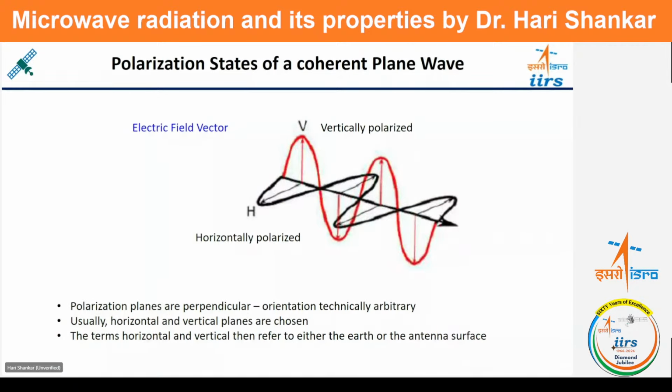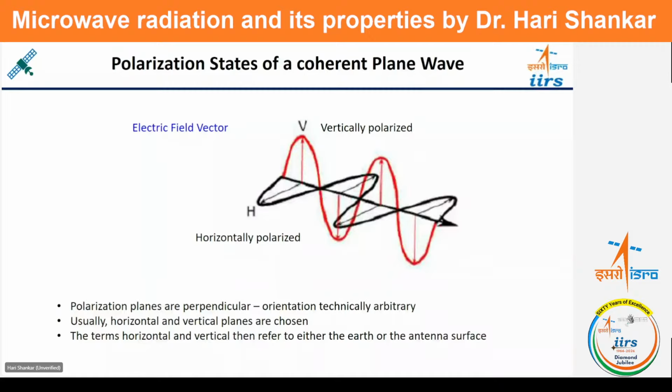Here you can see the electric field vector. We are concerned with the electric field vector, not the magnetic field vector. The electric field vector is a three-dimensional vector, meaning it can have x, y and z components. The z component we generally consider as 0 because it is along the direction of propagation. So only two components decide the movement of the entire electric field vector.